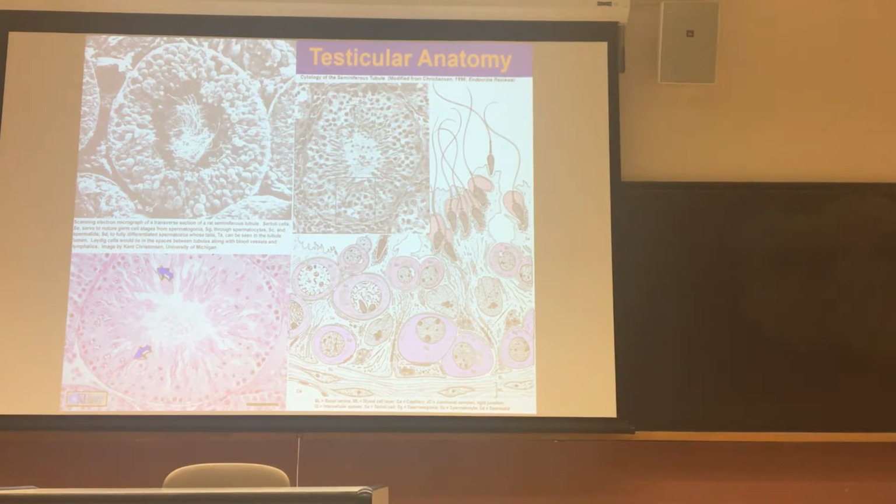Once it's committed to meiosis, it will continue and form spermatocytes, which are later stages. Ultimately, you get to spermatids. Notice there's still a little cytoplasm on some of these earlier stages. And finally, you get the mature sperm cell where there's very little cytoplasm, essentially a tail on the nucleus.